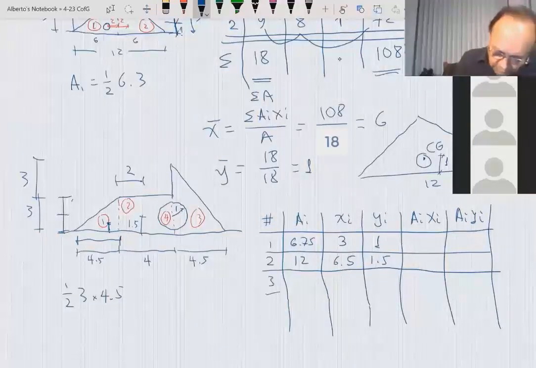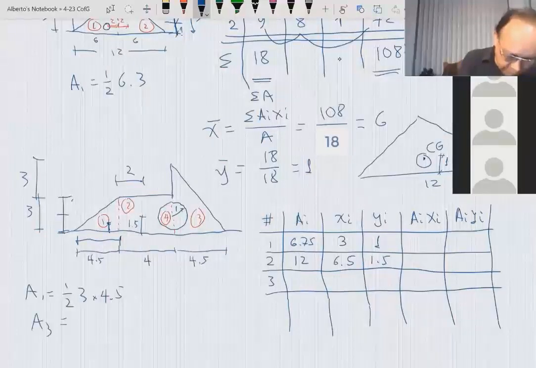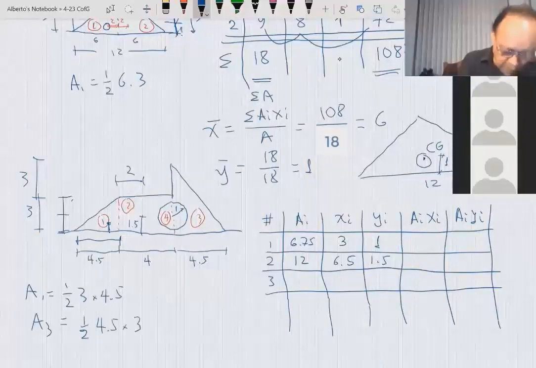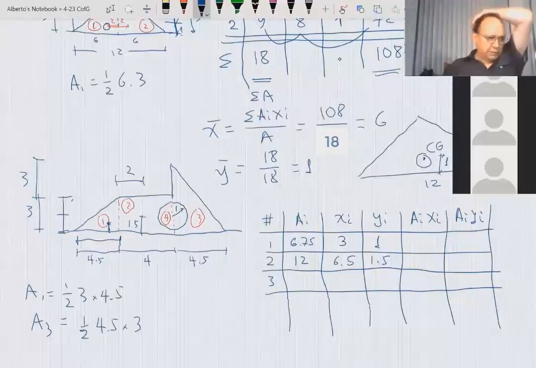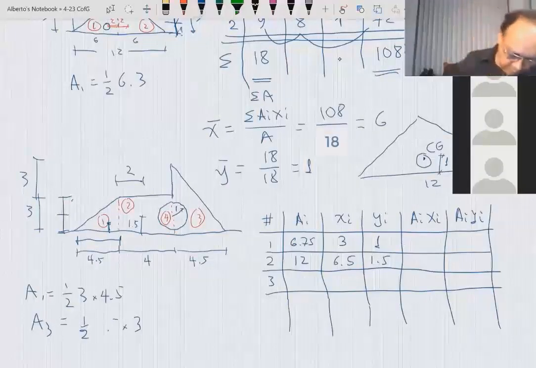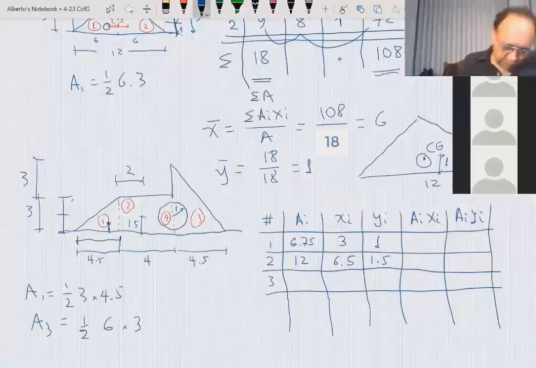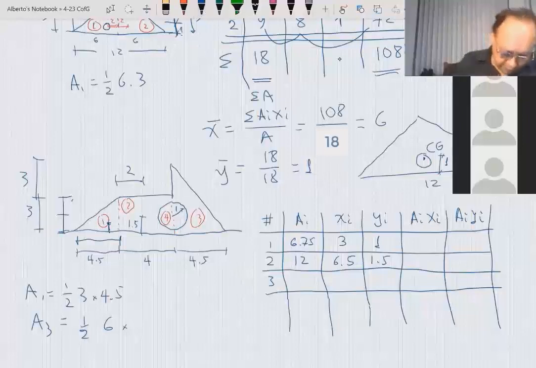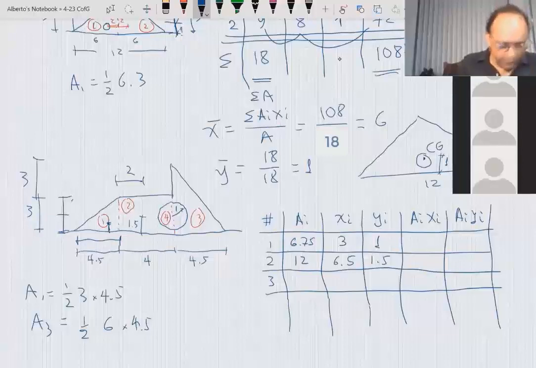Element 3 will be the other triangle. Area 3, 1/2 of 4.5 times 3. Isn't it 6? Yes, I screw up everything here. It's 3 times 4.5, 13.5.